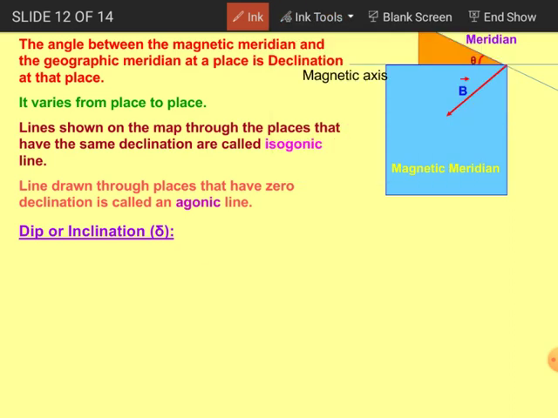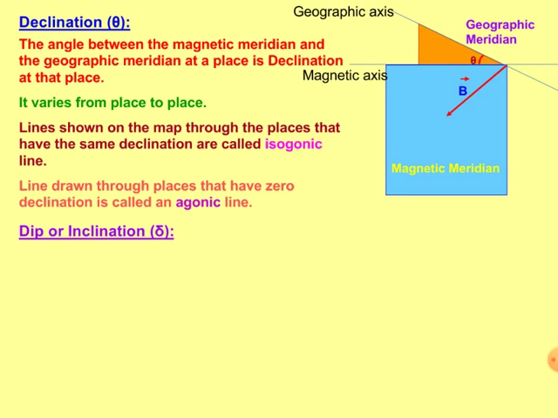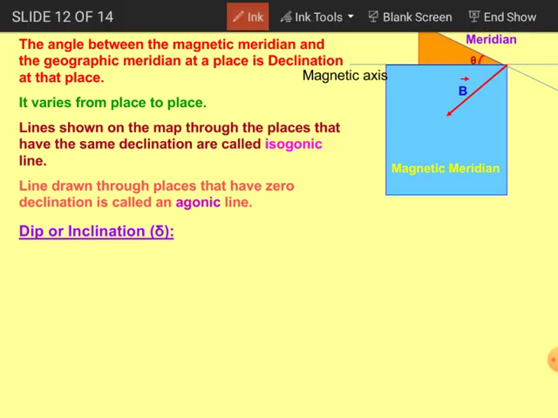Let me draw it again. This is your B, no doubt, and you resolve it into two rectangular components. The component of B along the horizontal we call B_H. The component of the Earth's magnetic field in the vertical direction is denoted by B_V.